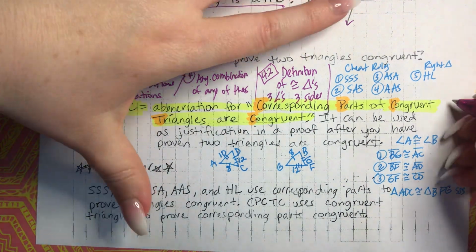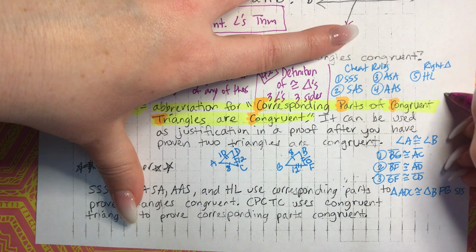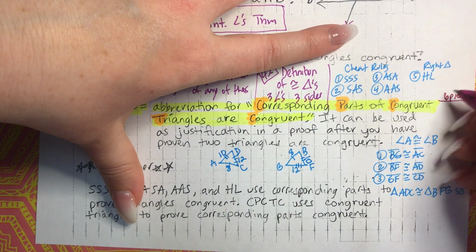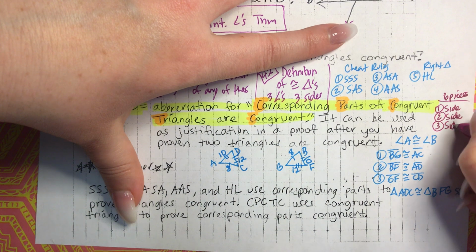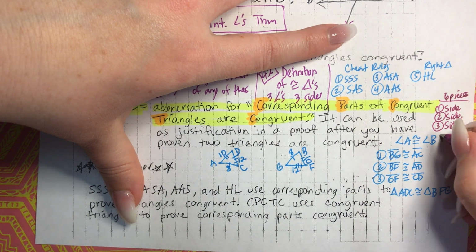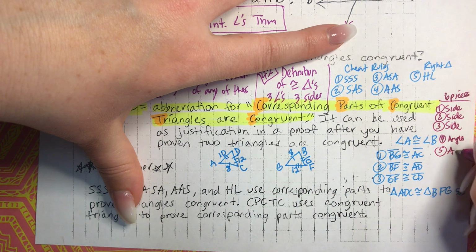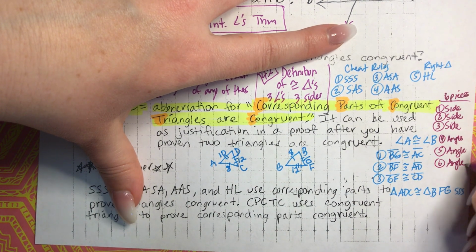So remember, for triangles that are congruent, and I'm kind of running out of space, so just go with me on this, there's 6 pieces of information, right? You have a side, another side, another side, and then what do you have? You have an angle, another angle, and then a third angle, right?